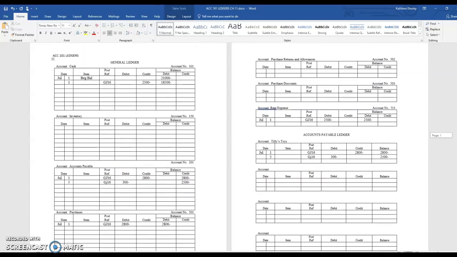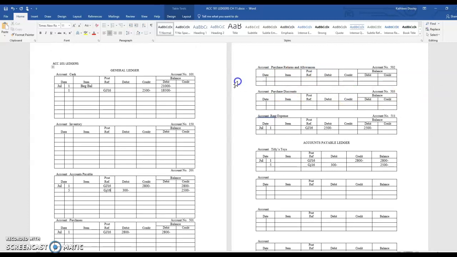And we had our purchase returns and allowances. And so that's July the 5th. And that was a credit, 300 that we're copying, so the new balance is 300 credit. That came from GJ16.